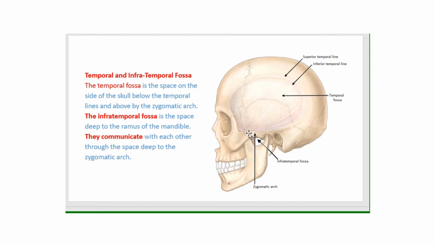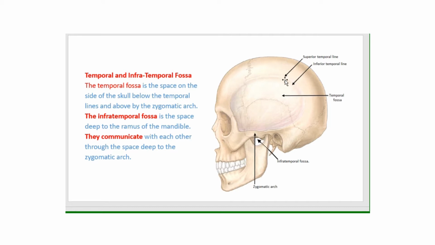While the infratemporal fossa is a space deep to the ramus of the mandible, both the temporal fossa and infratemporal fossa communicate with each other through the space deep to the zygomatic arch.